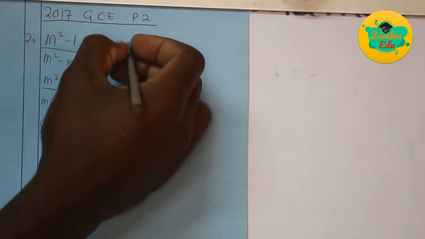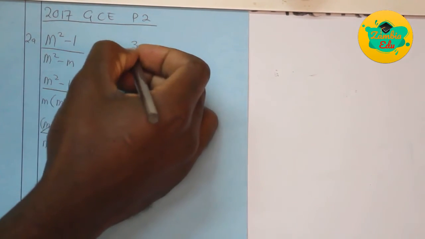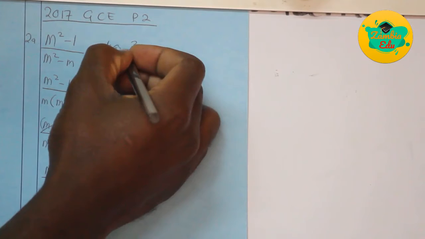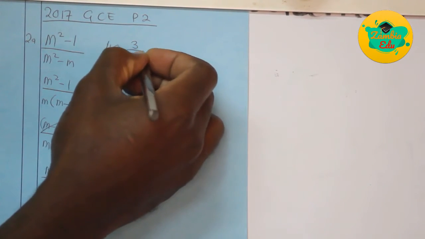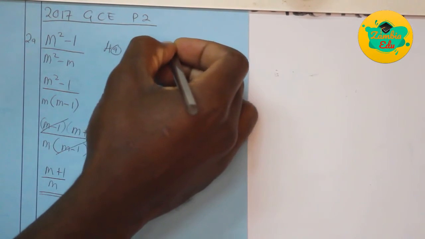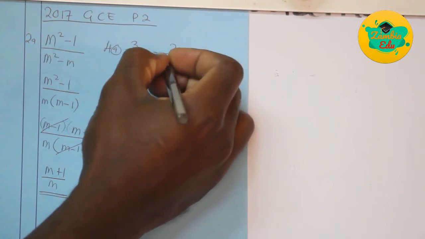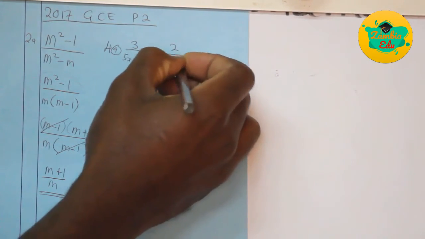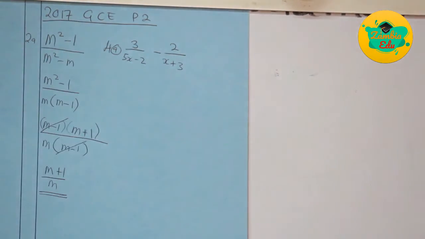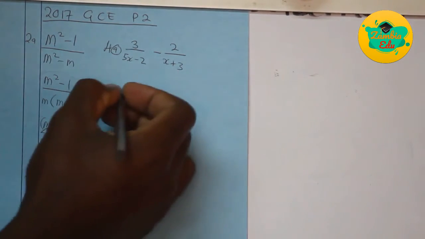So I'm going to write what to consider, what to solve. 3 over 5x minus 2 minus 2 over x plus 3. We are solving that and writing it as a single fraction.